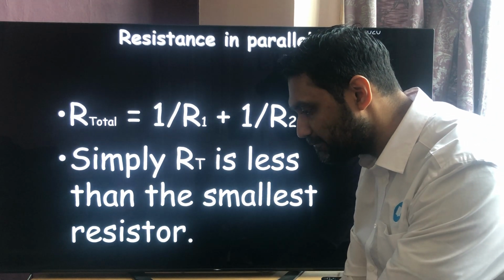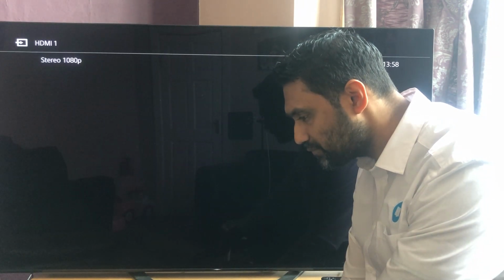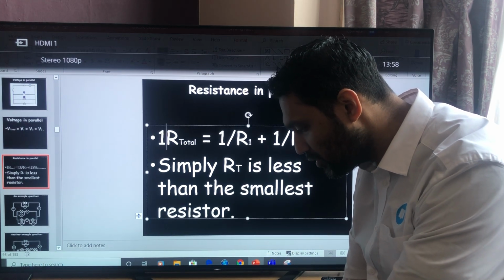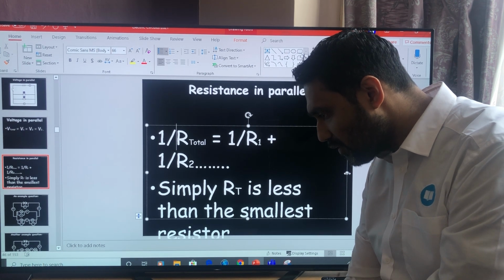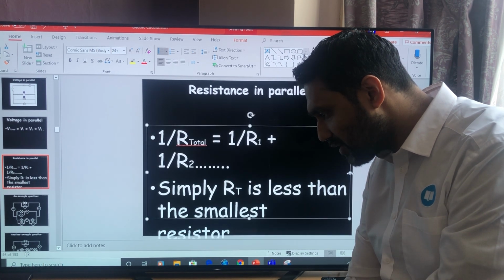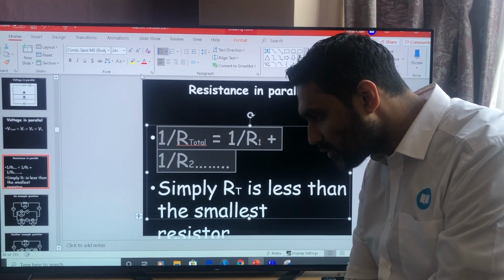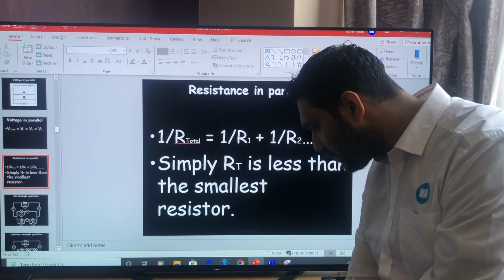So you'd get 1 over RT. So it'd be 1 over R1. Amending it as we go along. Let's make it a bit smaller so it all fits on.